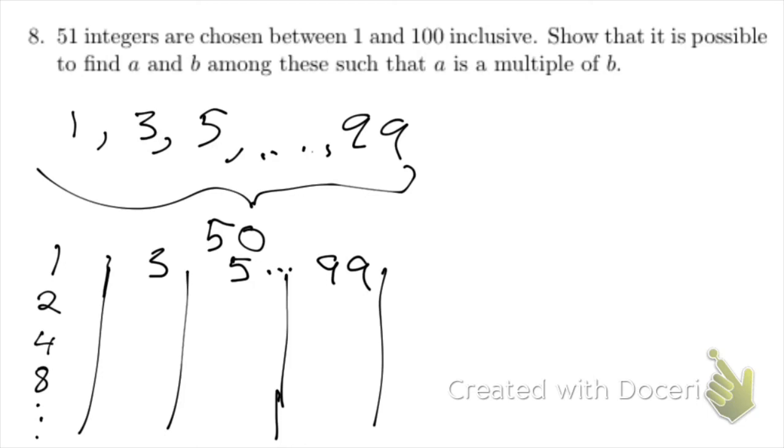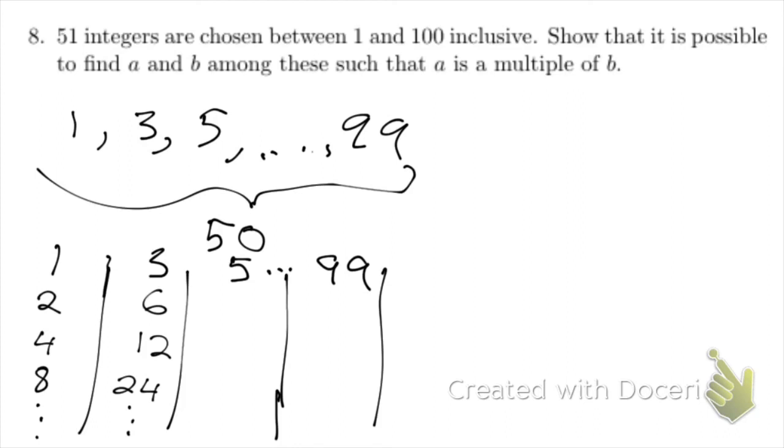Now this one is going to have 3 times all the powers of 2. So it's going to have 3, and then 3 times 2, and 3 times 2 times 2, and 3 times 2 times 2 times 2. So it's going to have 3 times all the powers of 2 up to 100.